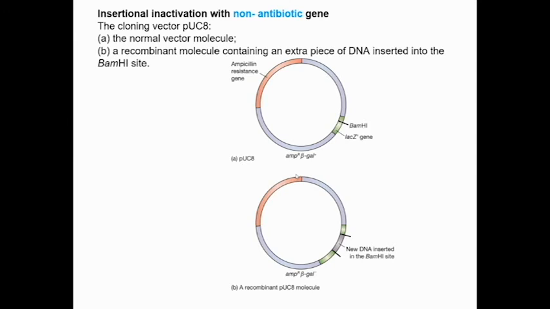When you perform the transformation, only part of the cells will take up the DNA, and that DNA can be the original vector DNA or the recombinant DNA. So now you have three different populations of cells. Number one is cells that don't have any DNA molecule.